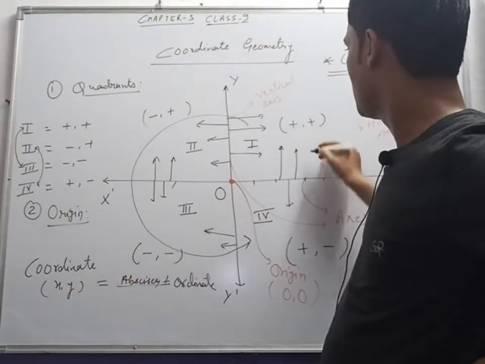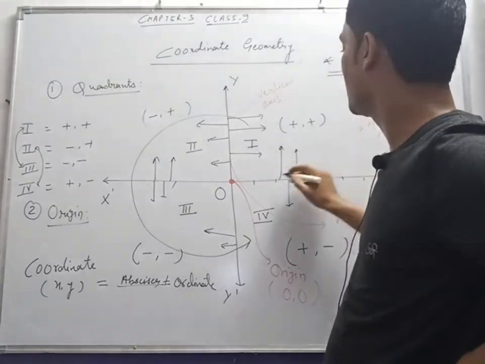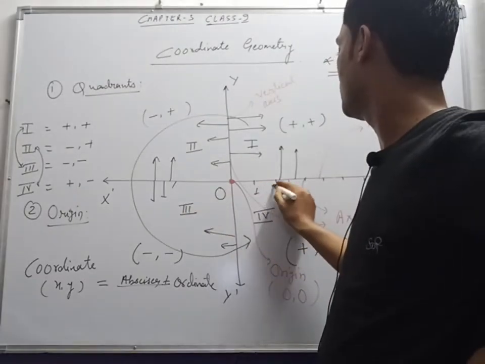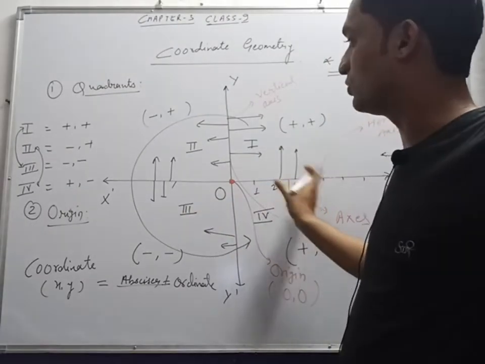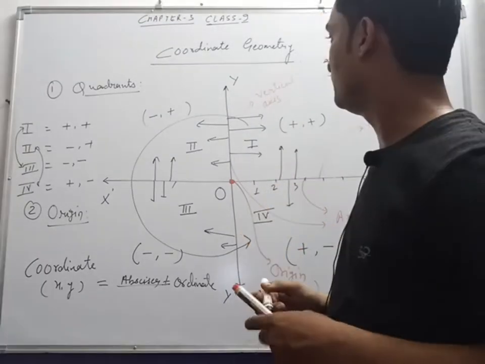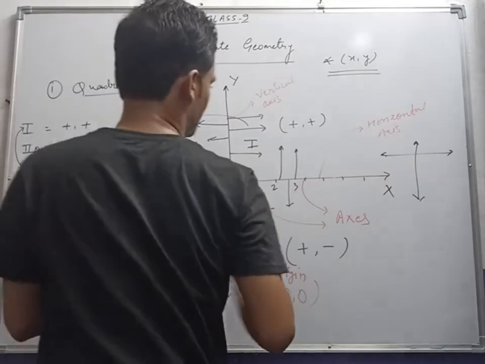Some point which we are taking, like x is suppose 3, this is 1, 2 and 3. It is a little more complicated, so let me make a new diagram for better understanding.